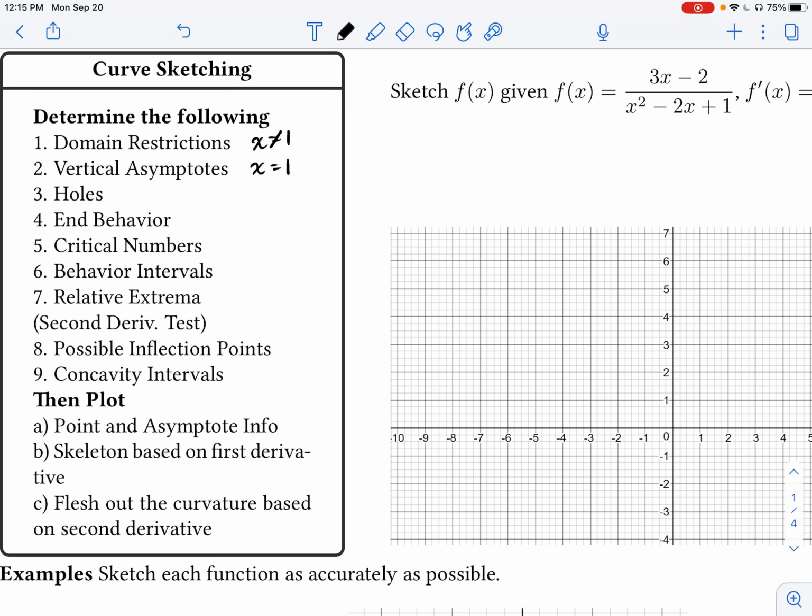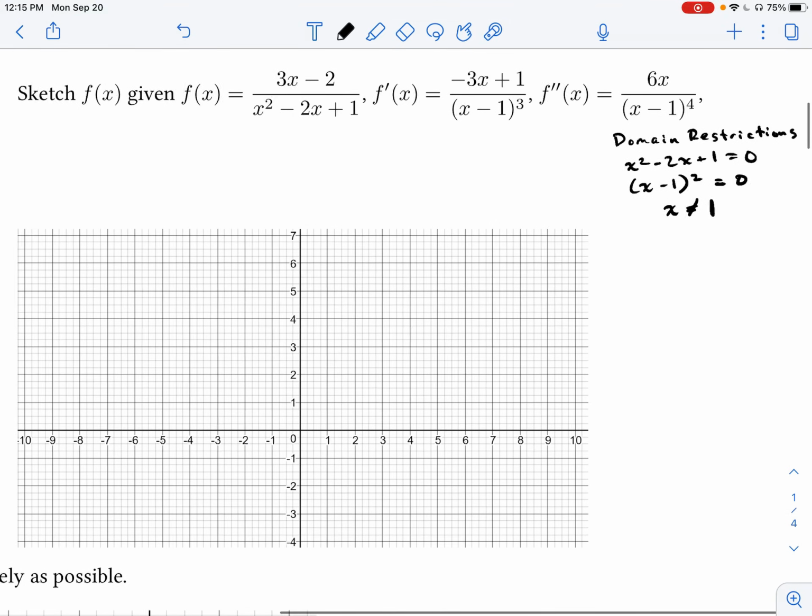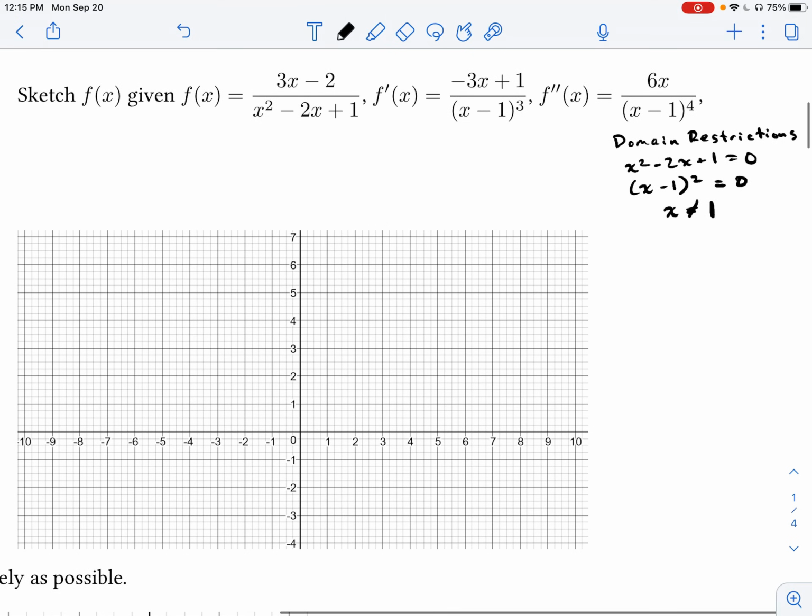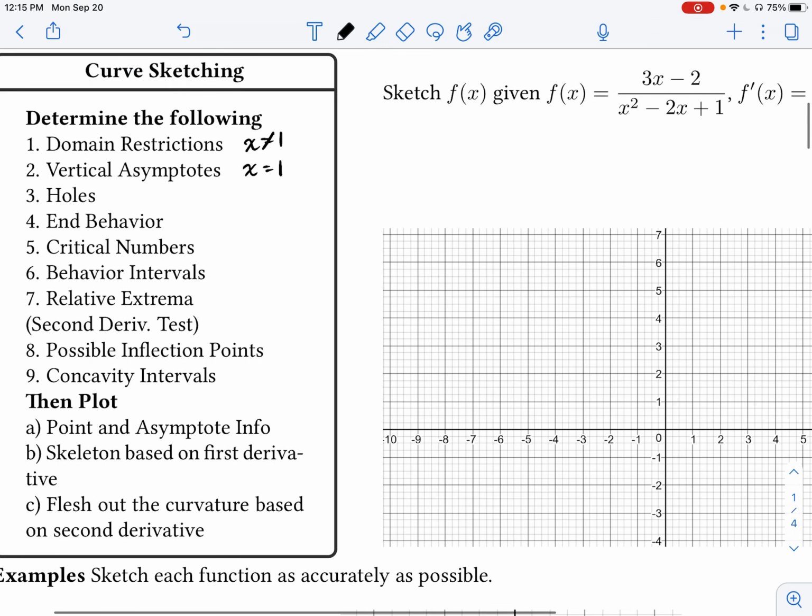Now, are there any holes? Well, I know that holes only exist when we have a common factor in the numerator and in the denominator. In this case, I don't see an x minus 1 in the numerator, so I don't have to worry about any possible holes. Now, what about the function's end behavior? If it's a polynomial function, you would look at the degree and essentially find the limit of the function.